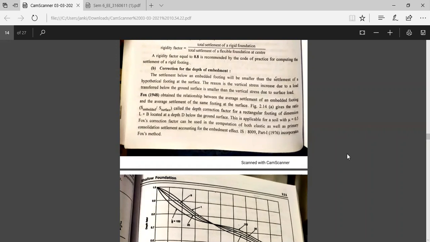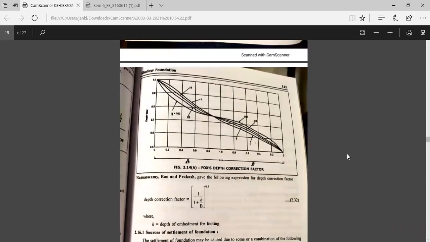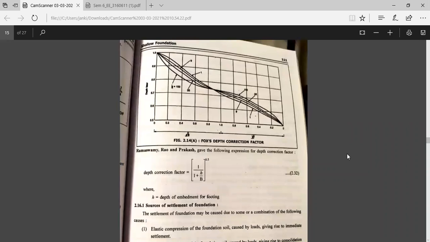This is applicable for a soil with mu equal to 0.5. Fox's correction factor can be used in the computation of both elastic as well as primary consolidation settlement, accounting for the embedment effect. IS 8009 Part 1 incorporates Fox's method, as you can see in this figure, which shows Fox's depth correction factor.